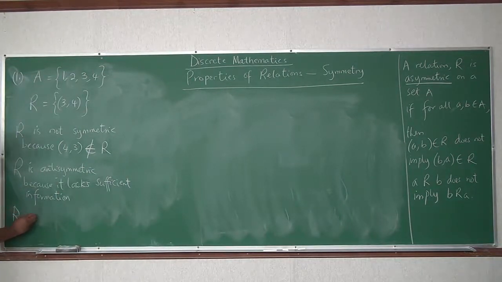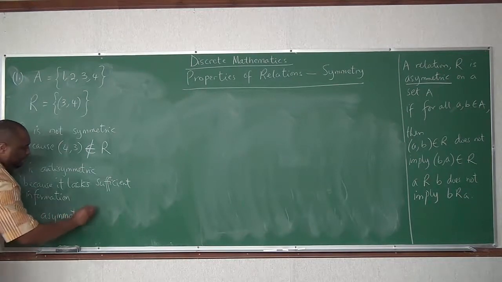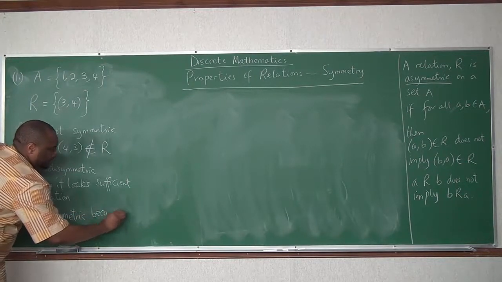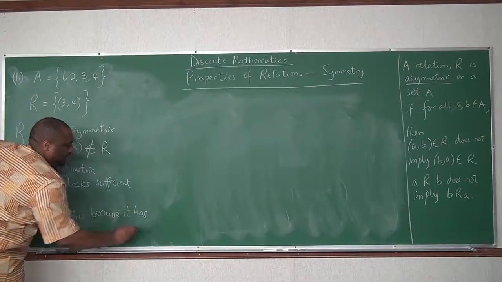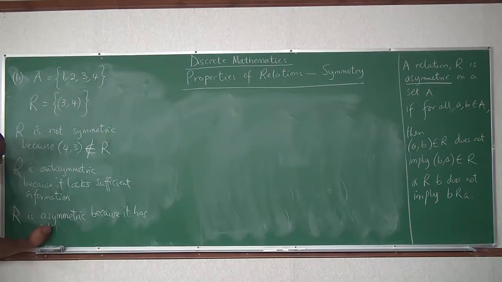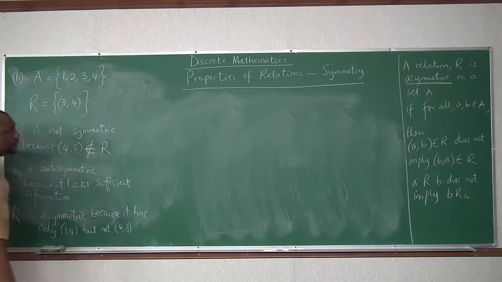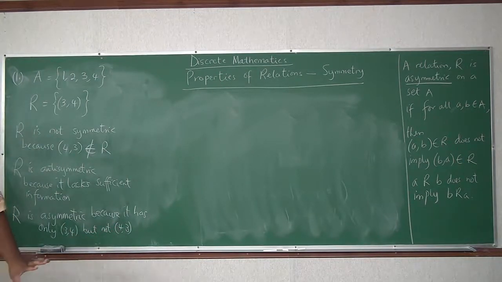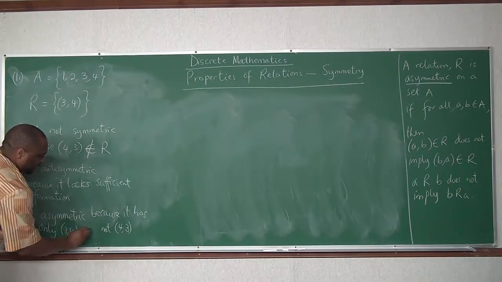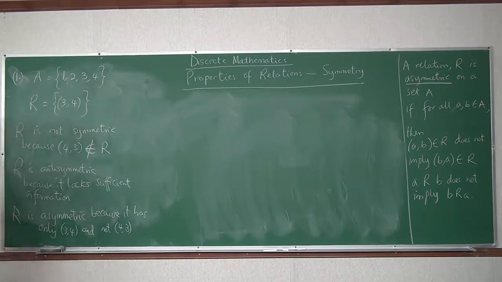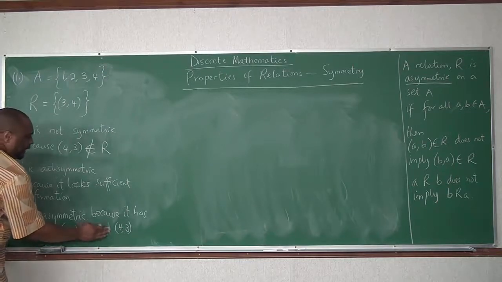So R is asymmetric because it has only 3, 4, but not 4, 3. Remember, with asymmetric, if you have 3, 4, then you should not have 4, 3.